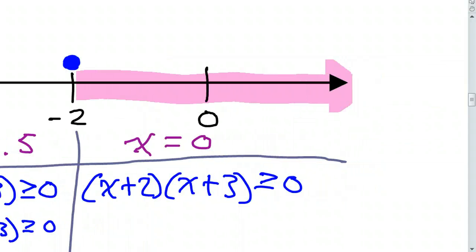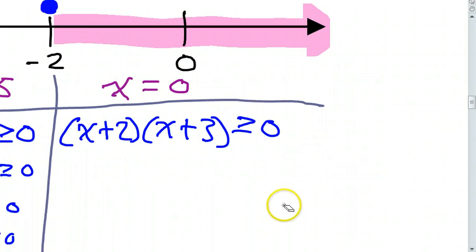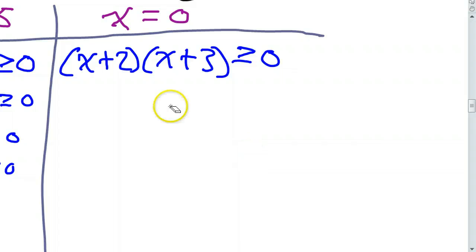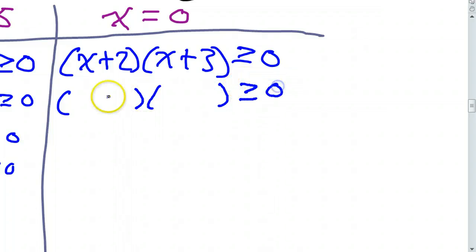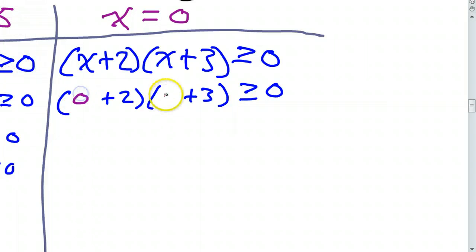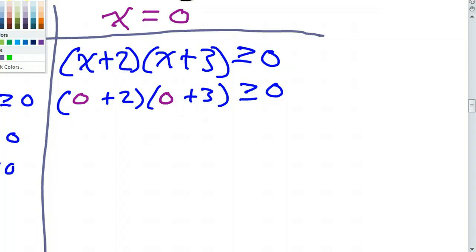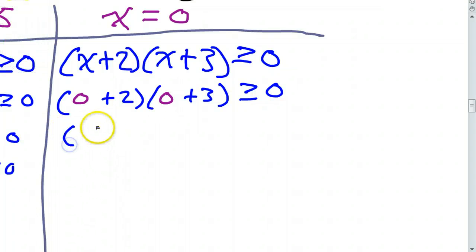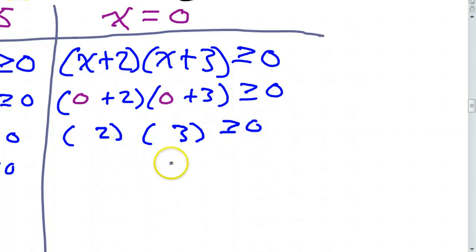Now let's test the pink zone. My test value is 0. So that will just be 2 times 3, which is 6.